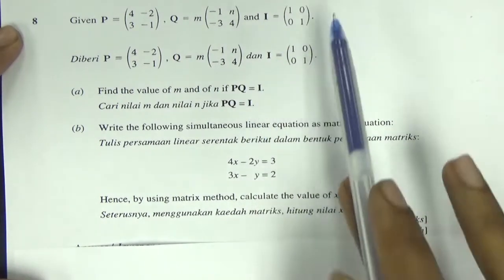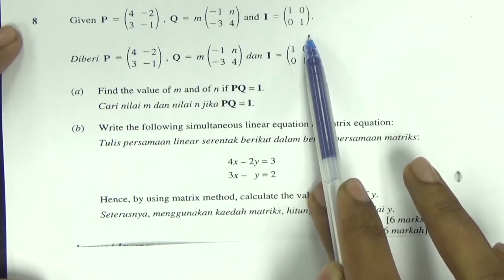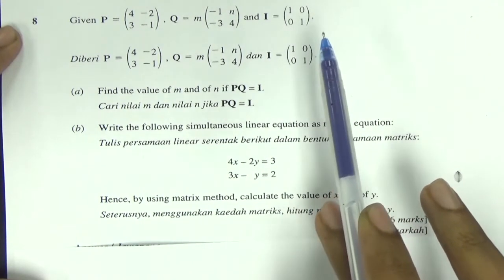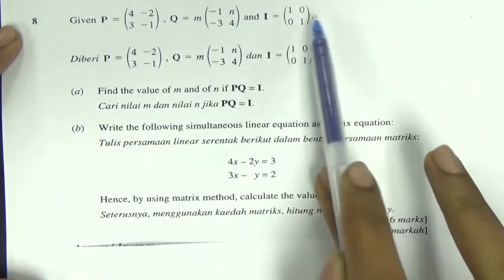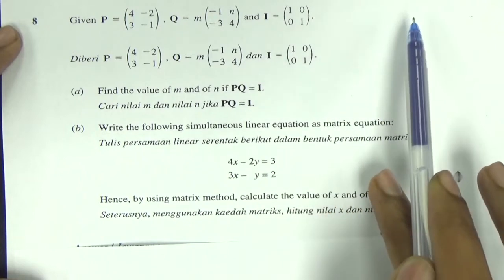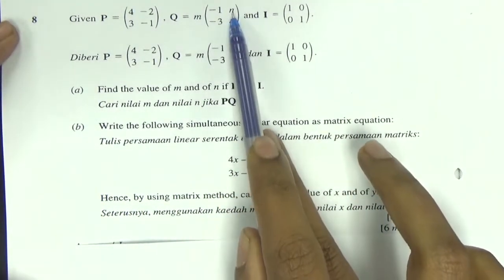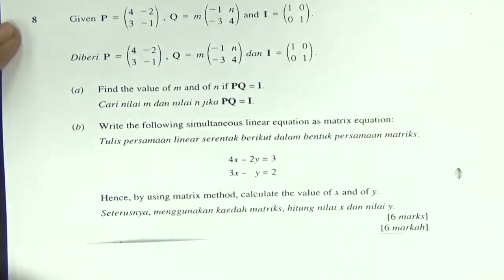As we know, 1, 0, 0, 1 is an identity matrix, meaning when multiplying matrices we get 1, 0, 0, 1, that is, one matrix is the inverse of the other. Now we need to find M and N for Q.